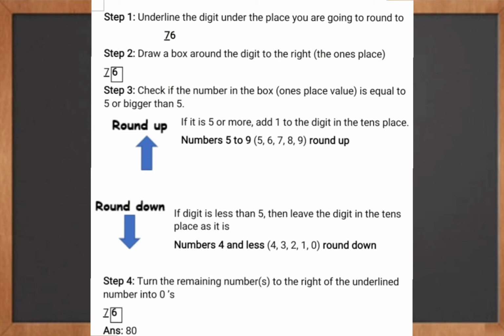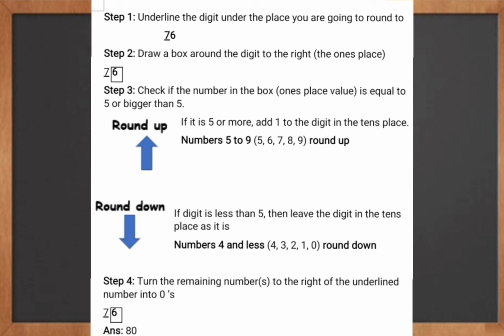After you have done that, you are going to check if the number that is in the box is equal to 5 or more than 5. If it is equal to 5 or more than 5, then you round up. So you add 1 to the digit on the tens place.